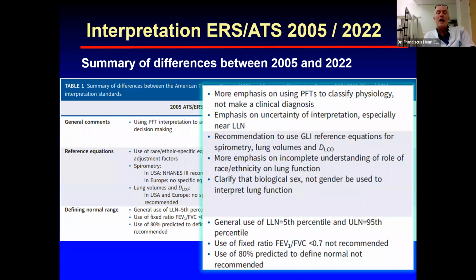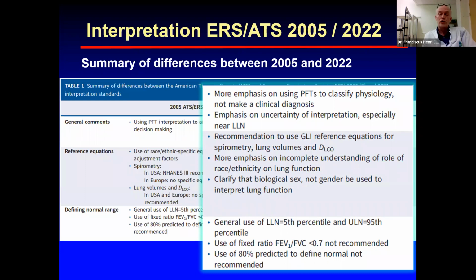And if we zoom out, what are the most striking differences? We can see what I already stated. It's based on classifying physiology and not going directly to a clinical diagnosis. We have much more focus on the lower limit of normal, and on what you can do if your outcome is close to the lower limit of normal, just above or just below.